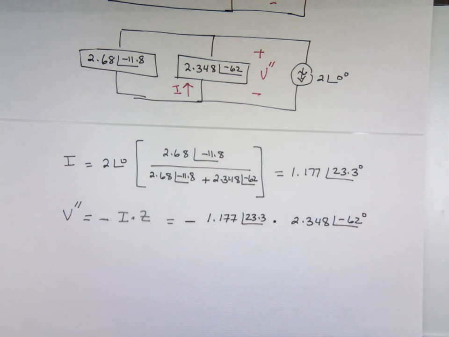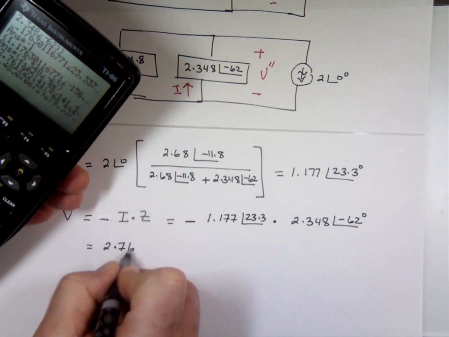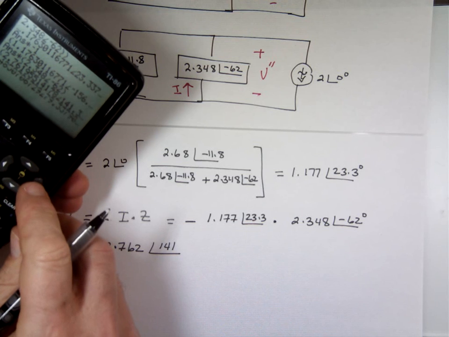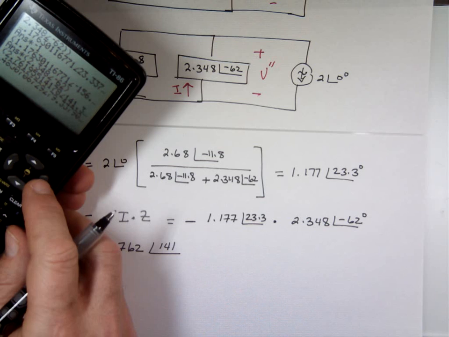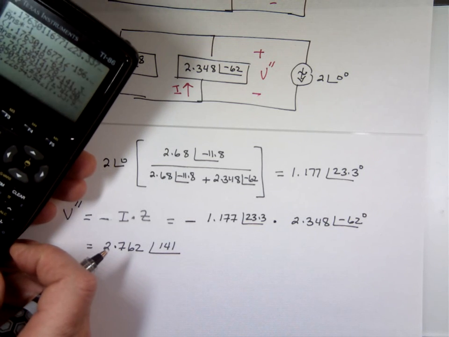Forgot to use brackets. 2.348 angle -62. And notice it's not a negative value, because the machine does the phase shift for me. What'd you guys get for an answer? 2.76.